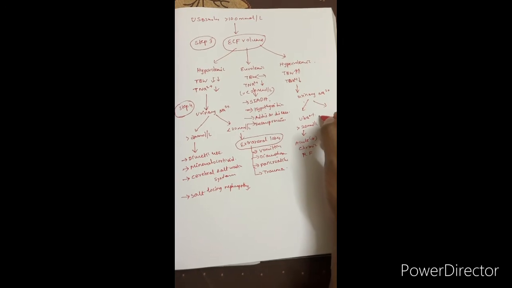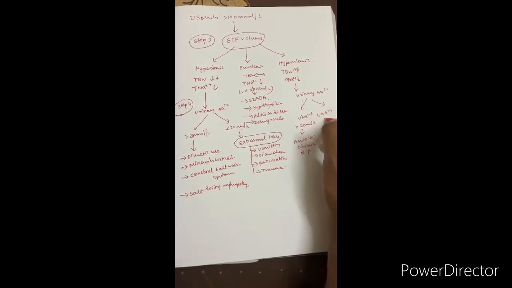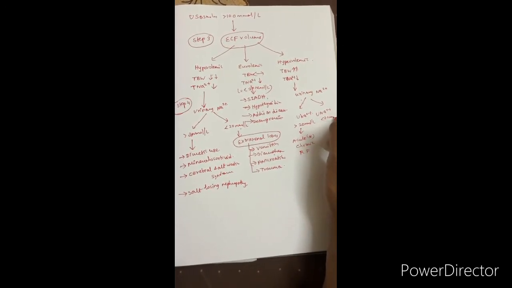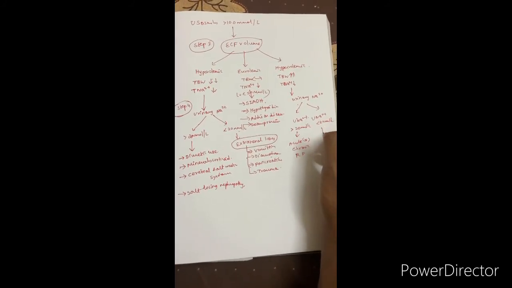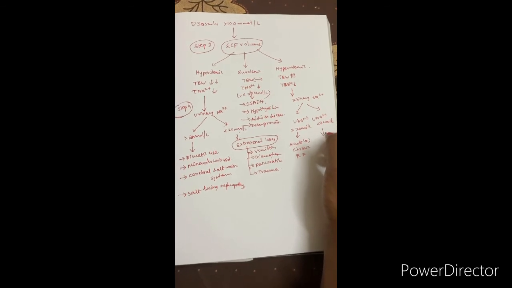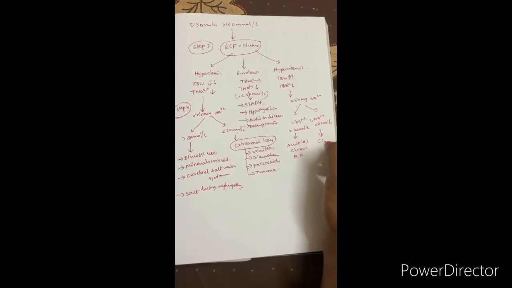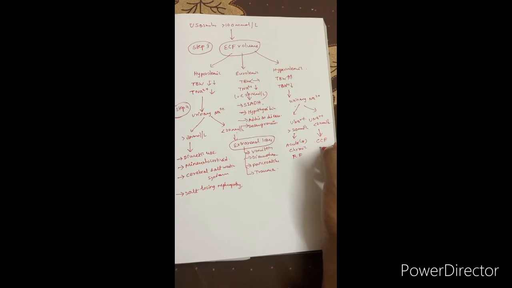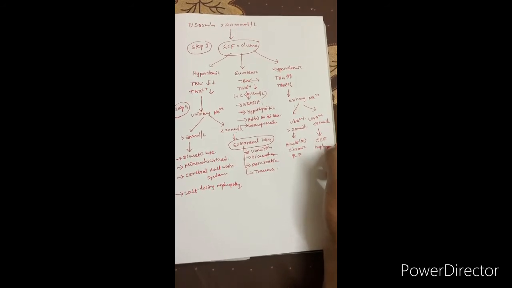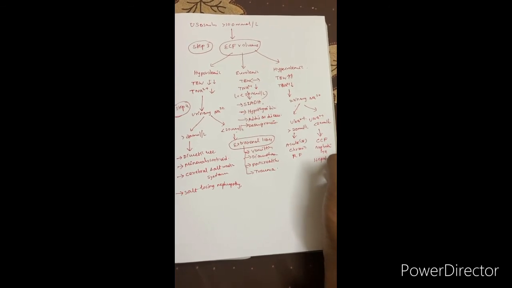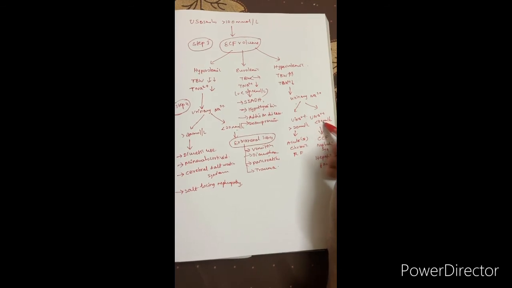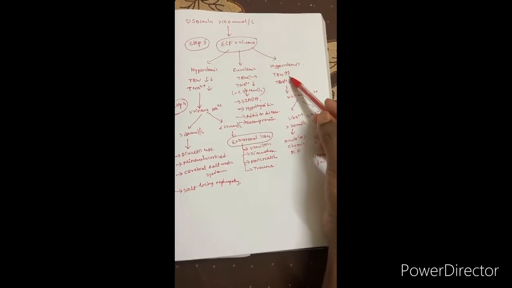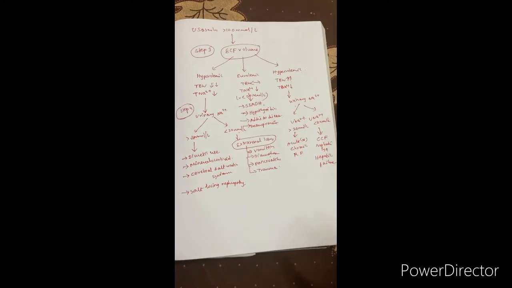Whereas if the urinary sodium is less than 20 millimoles per liter, then we have to suspect that the concentration is decreasing but the volume is increasing. So there may be failure like CCF, congestive cardiac failure, or the patient has nephrotic syndrome, or hepatic failure. In all these conditions, there may be decreased urinary concentration and increased total body water, and the patient may have hyponatremia symptoms.